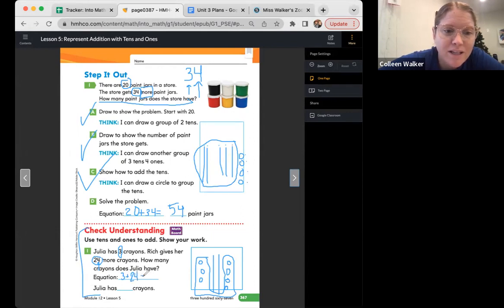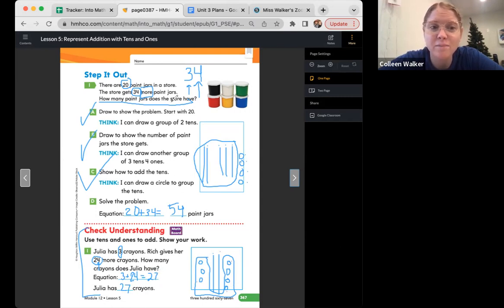And now how many does she have? Let's go ahead and count by 10s. Ready? 10, 20, 21, 22, 23, 24, 25, 26, 27. So Julia now has 27 crayons. Awesome, friends.